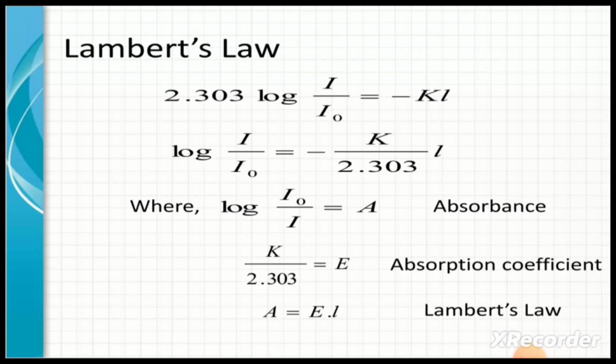Here log of I0 upon I equals A, and A is the absorbance. Now k upon 2.303 equals epsilon, the absorption coefficient. So the final formula is A equals epsilon into l. What is l? l is the path length.